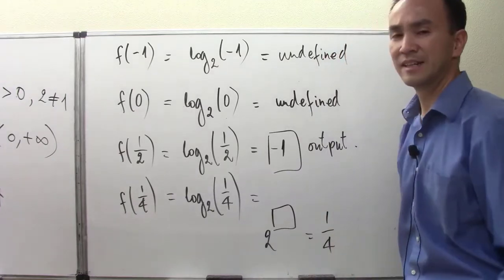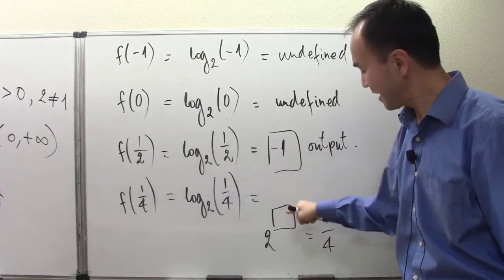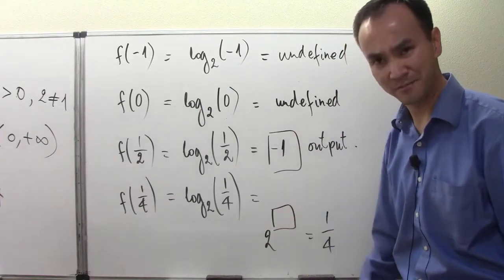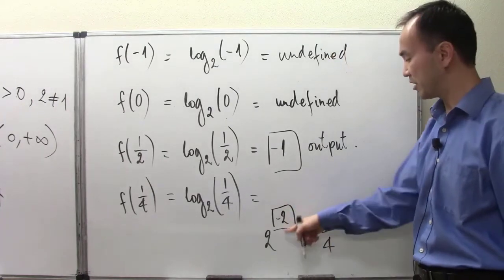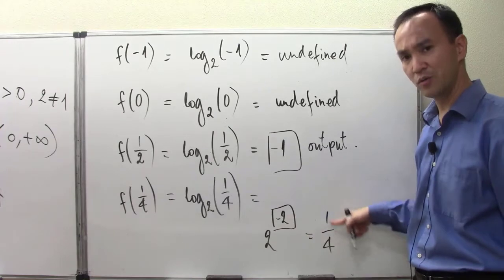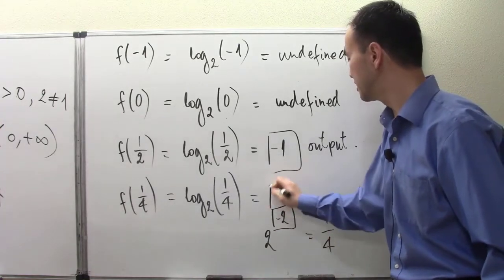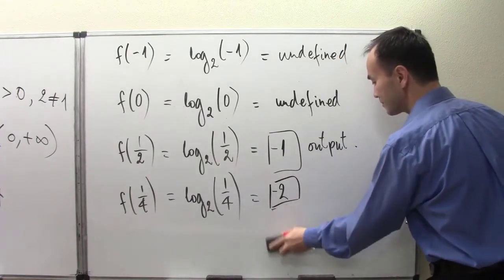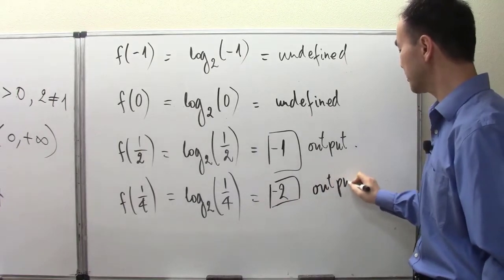If you need some time, pause the video and think it through. We can still do this with mental math. The answer should be -2, because 2 to the power -2 equals 1/4. This is a defined, successful output.